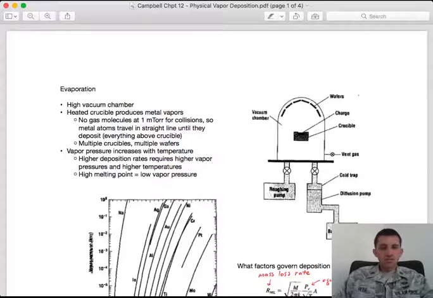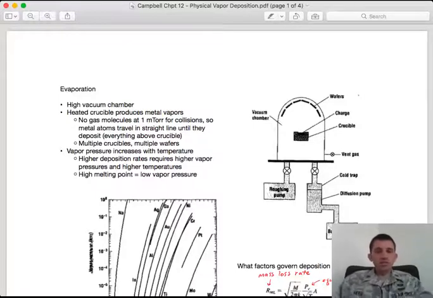But you can see for these different elements here that a difference of, say, 50 degrees can change the vapor pressure by 10 or 100 times. And so you see here that, to get vapor pressures in the millitorr range for a lot of these conductive elements, you need temperatures in the range of 1,000, say, to 1,200 C or so.